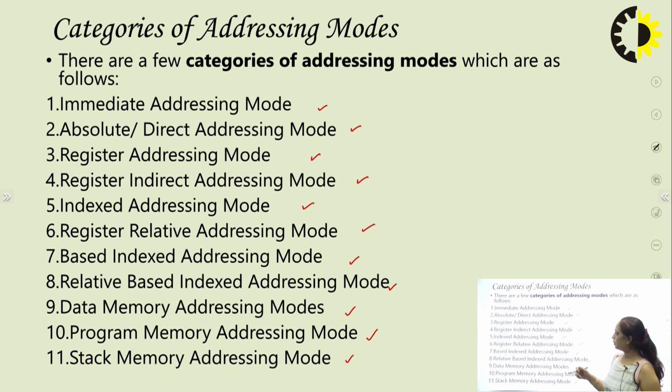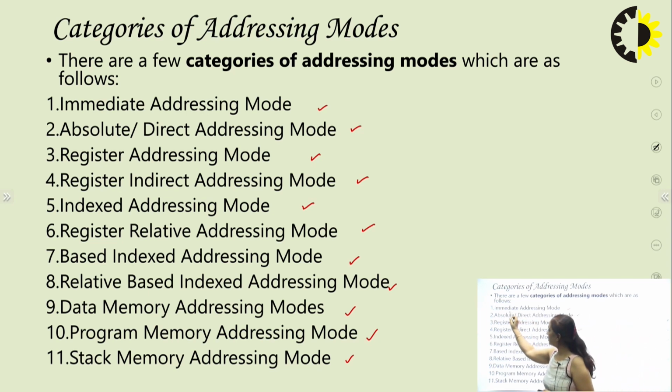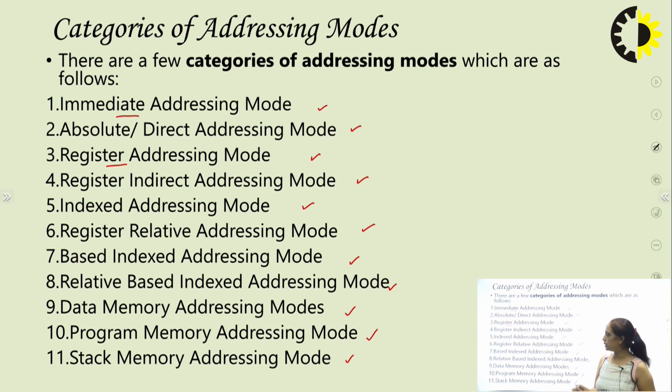The word immediate states that some immediate number will be given in the instruction. The word register says that your source and destination will be in registers. Indexed states that your source or destination will involve an index register, SI or DI.